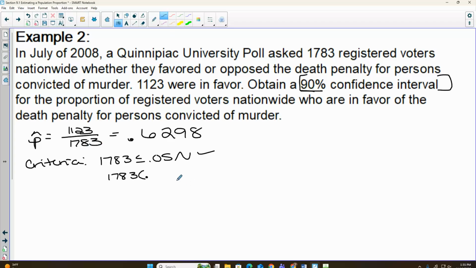So we're going to use our p-hat here. It should be greater than 10, so let's verify it. And it's 415, so we're good.